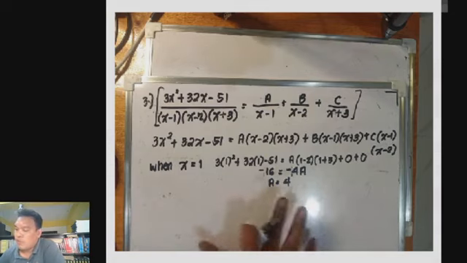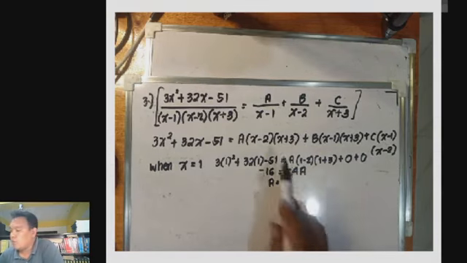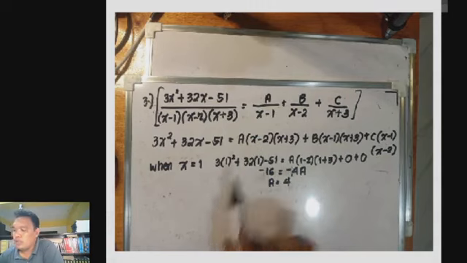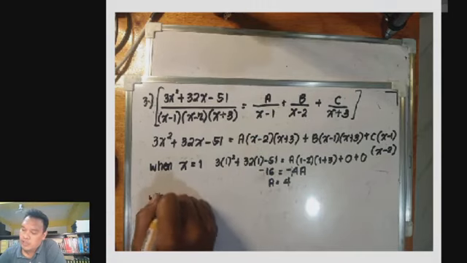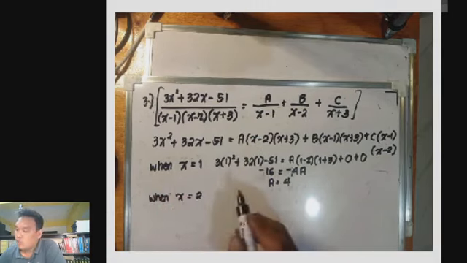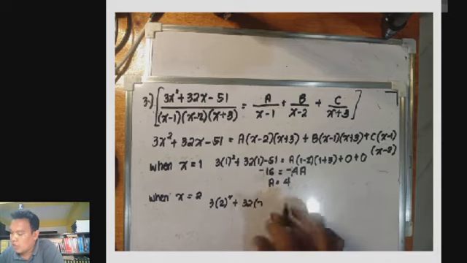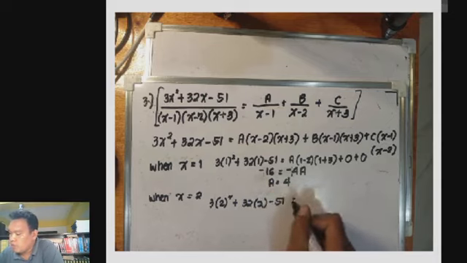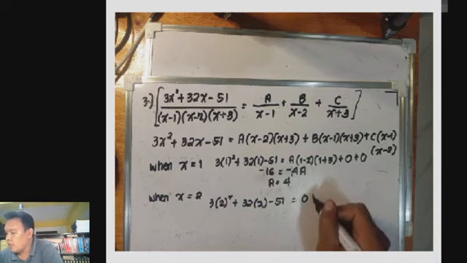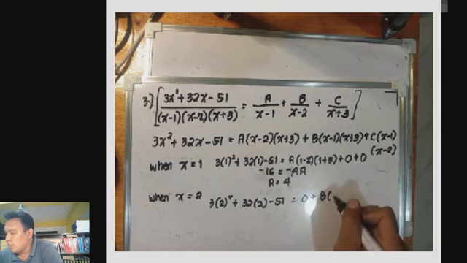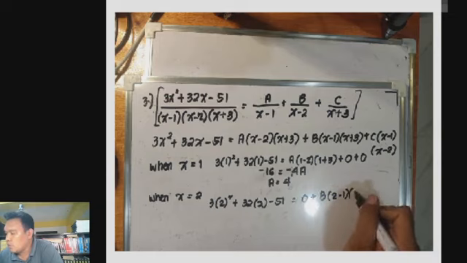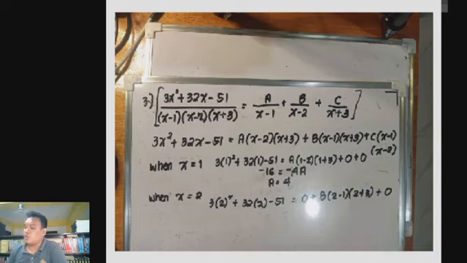Then, to get the value of b, let's assume that x is equivalent to 2. When x is equivalent to 2, we have 3 times 2 squared plus 32 times 2 minus 51 is equivalent to 0 for the a term, plus b multiplied by 2 minus 1 times 2 plus 3, plus c, which is 0. Okay?